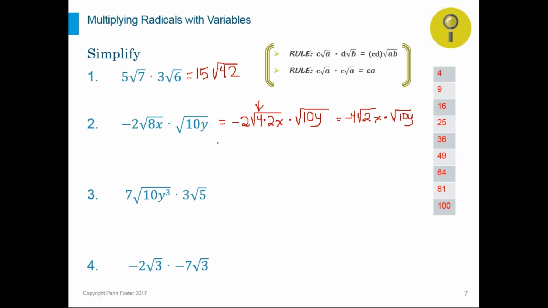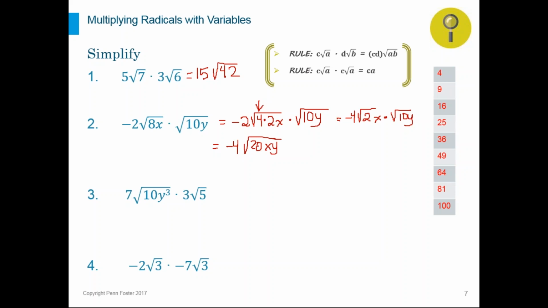I'm not done yet. I need to perform the multiplication. So I can go ahead and multiply. Negative 4 times 1 is negative 4. And then 2x times 10y will give you 20xy under the square root sign.